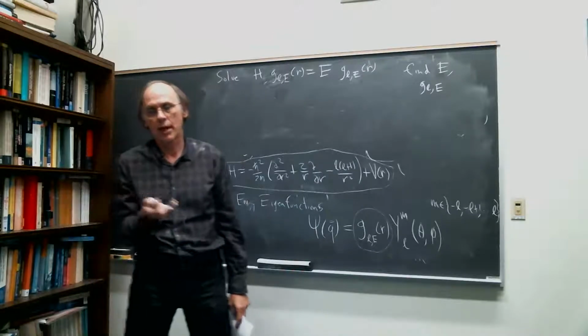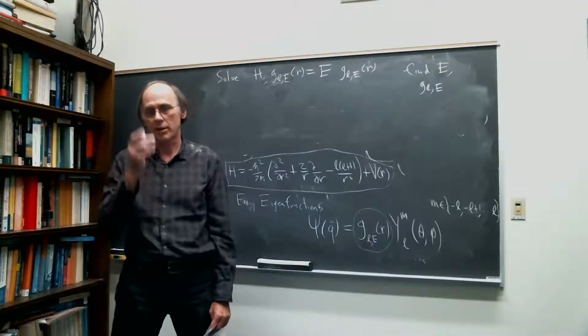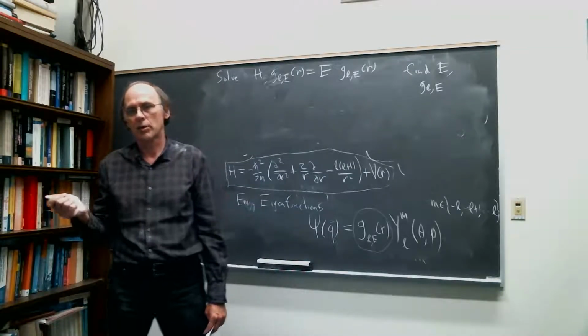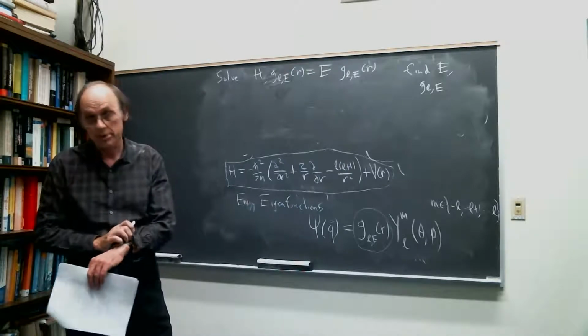There are certain cases, though, where you can explicitly solve this. You can compute exactly what the eigenvalues E are going to be, and exactly what the eigenfunctions are going to be.